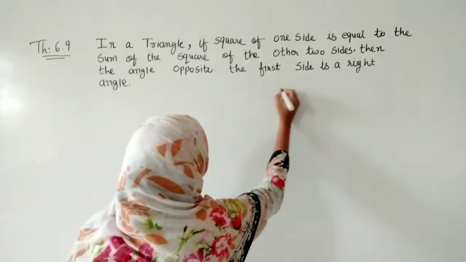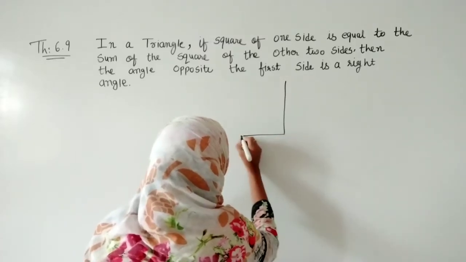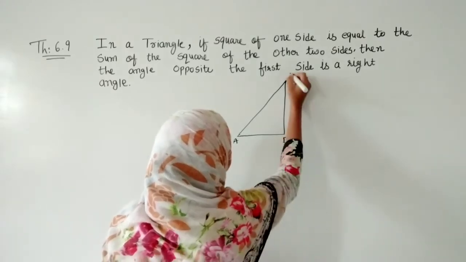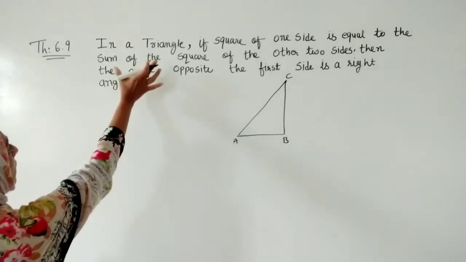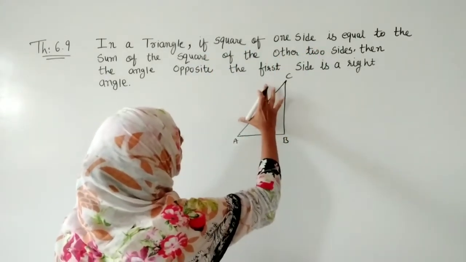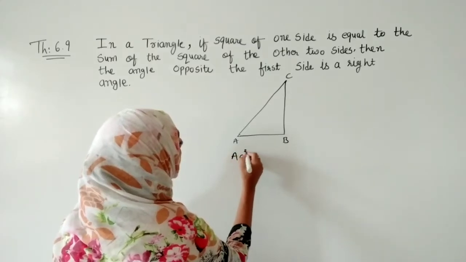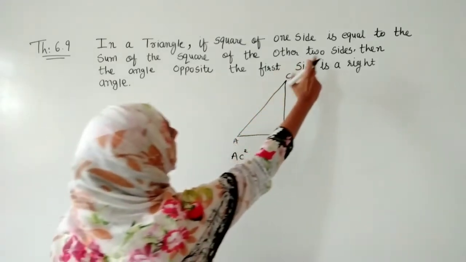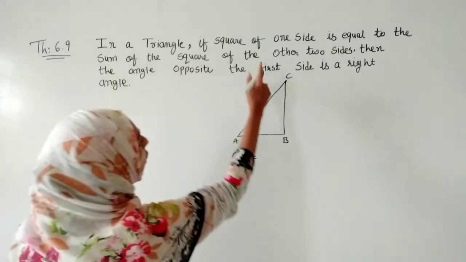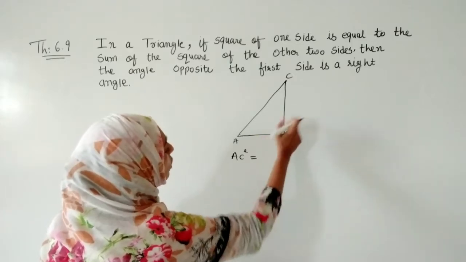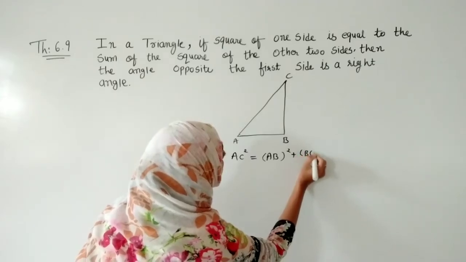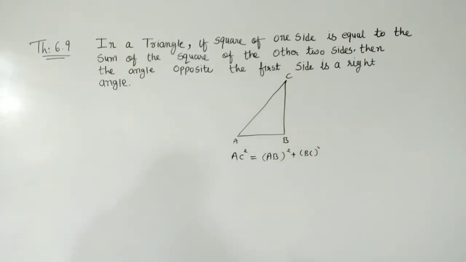They gave us one triangle, and suppose it is named A, B and C. They told us that in a triangle, if the square of one side, which we will take as AC square, is equal to the sum of the squares of the other two sides, that is AB square plus BC square, and this is given to us.